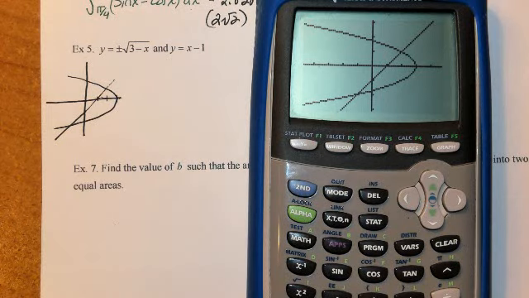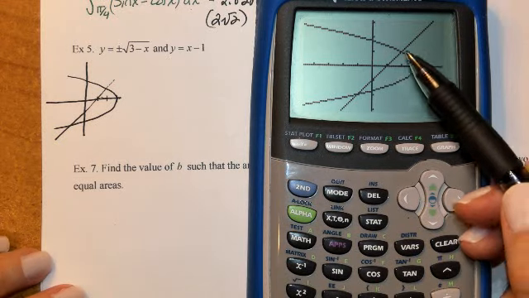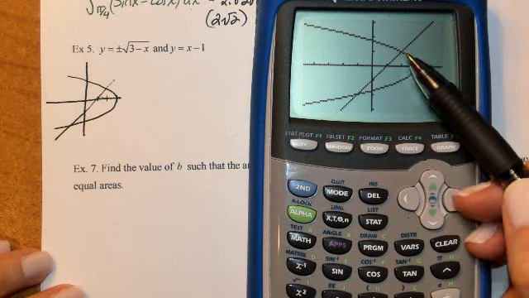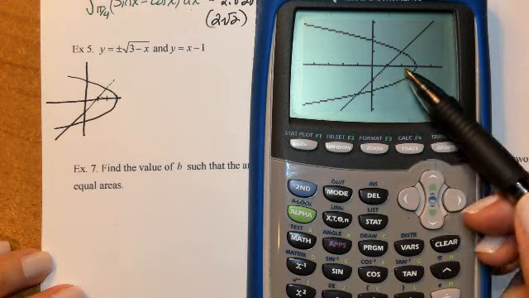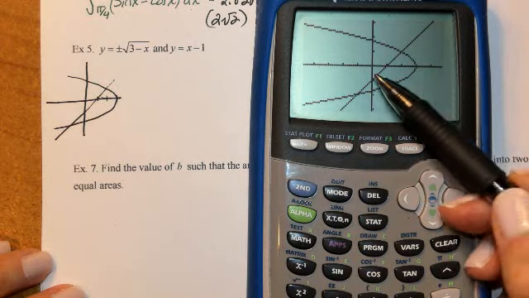We can use delta x this time, or remember that you can always use a delta y, and sometimes it's easier to use a delta y than it is to use a delta x. Why would it be easier in this case? If we used a delta y, then we could do the right curve minus the left curve. And there would only be one integral for that.